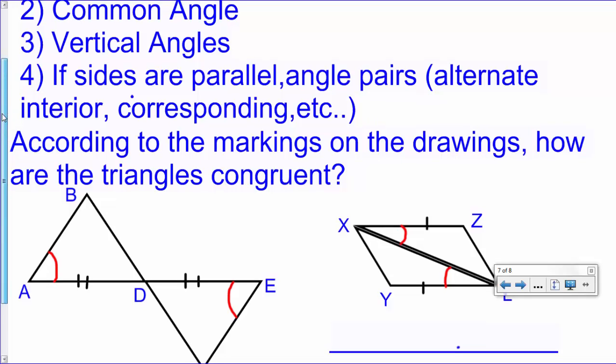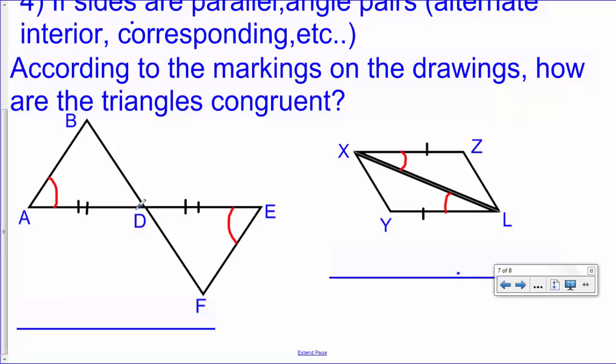So here's an example of triangles where you only have 2 parts marked congruent. Instead of looking at it as they're not congruent, we'll take a look at this one, where we have vertical angles. So we're allowed to mark again a common side, common angle, or vertical angles. If we see the arrows somewhere on the picture, then we can use the types of angle pairs like alternate interior, corresponding, alternate exterior angles.